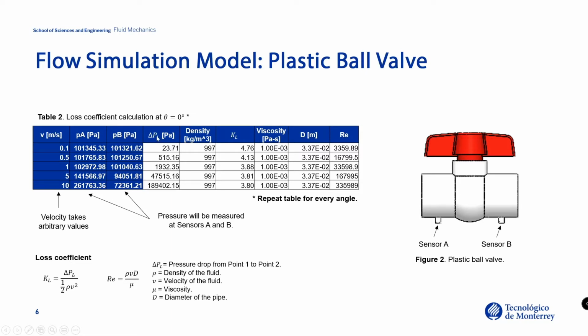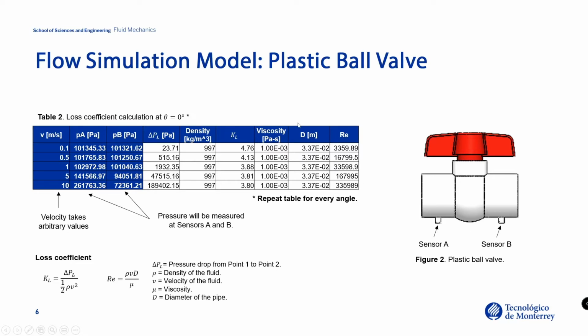In this case, I am calculating that the pressure drop is this value, and to calculate the loss coefficient, you're going to need the density of the fluid. So the loss coefficient is given here, and to calculate the Reynolds number, you will need to know the value for the viscosity and the diameter of the pipe.